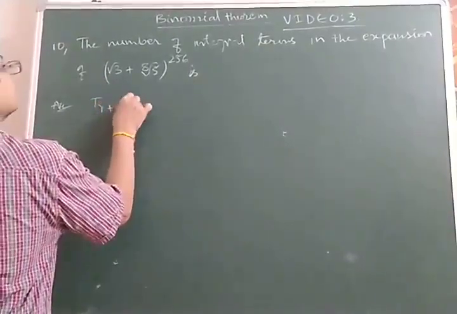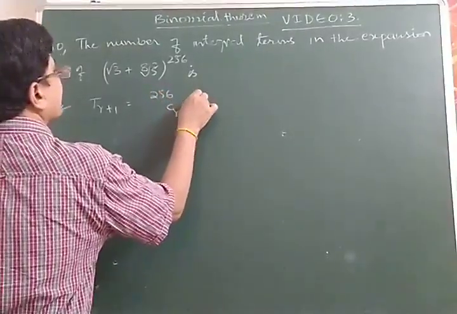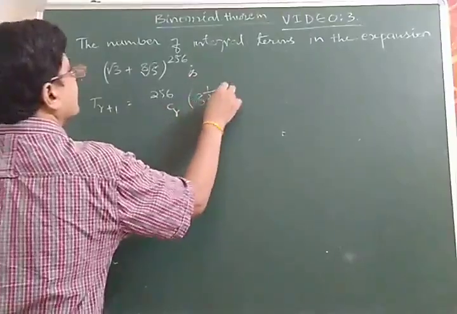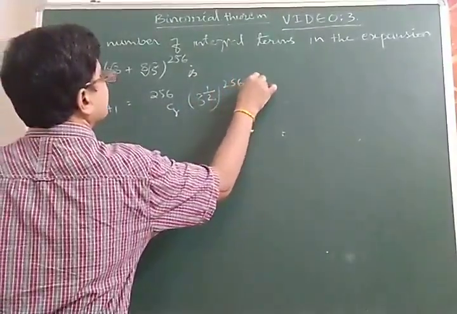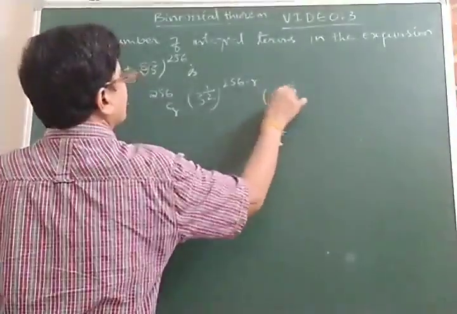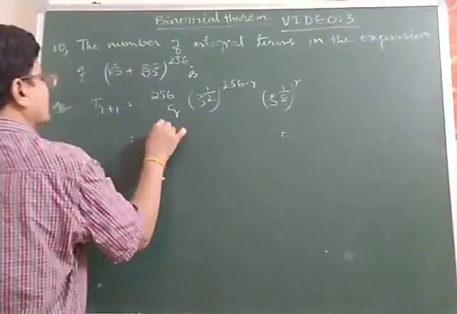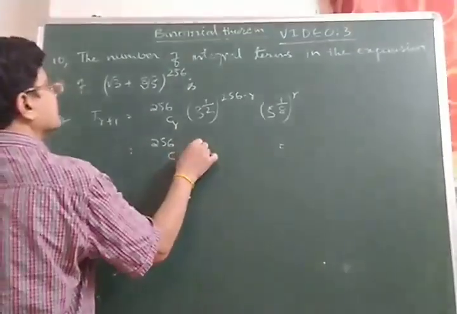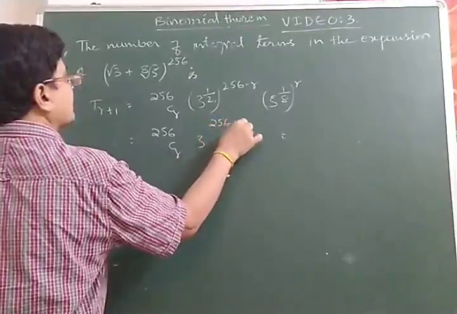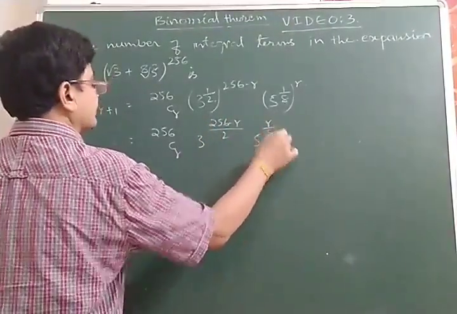T_{r+1} is equal to 256Cr (3^(1/2))^(256−r) (5^(1/8))^r. So that is equal to 256Cr 3^((256−r)/2) · 5^(r/8).